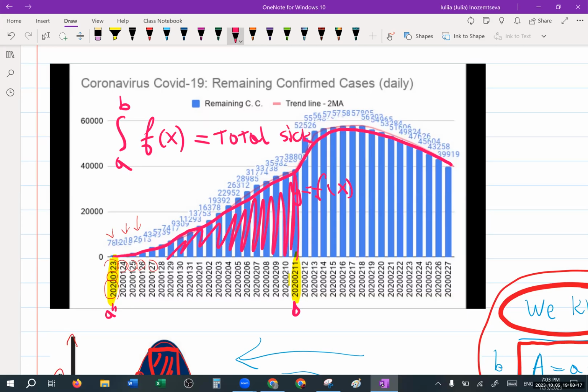And that's how hospitals know if they will have overcrowdedness or not in 1 month. They can predict the future. But what if I know the average? What was the average? The average will be divided by the length of the interval. That is the average number of people being sick per time slot, right? So if it's days, it's per day; if it's months, per month. In this case, day.